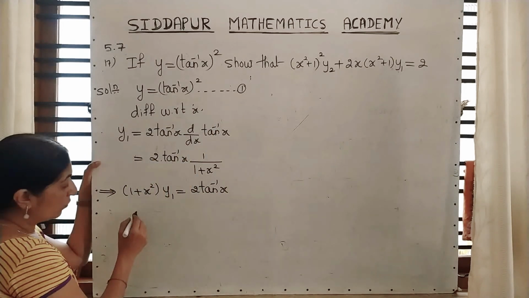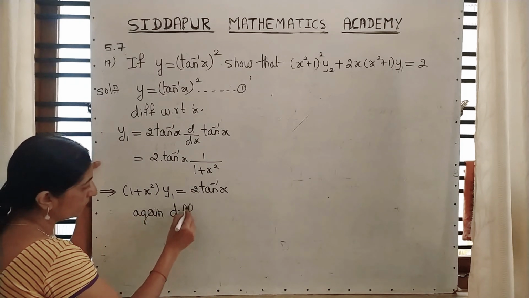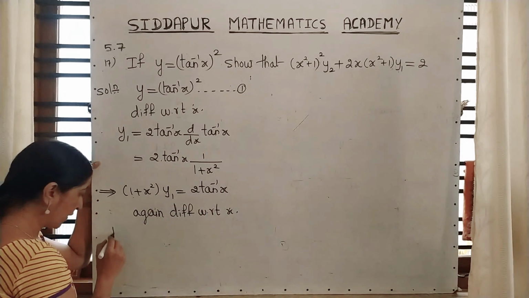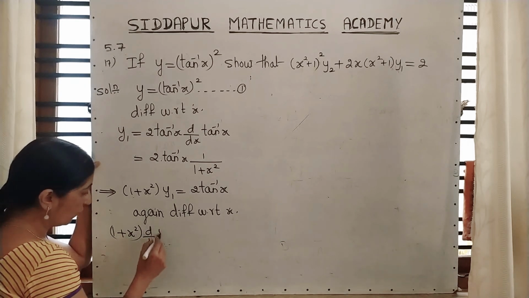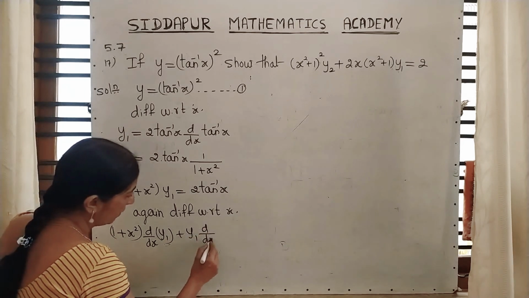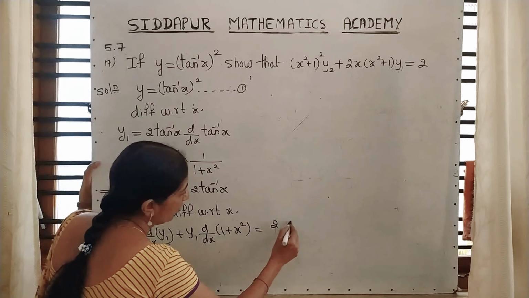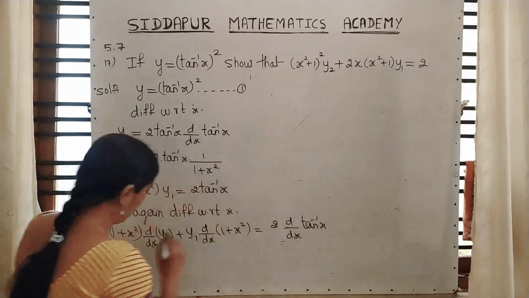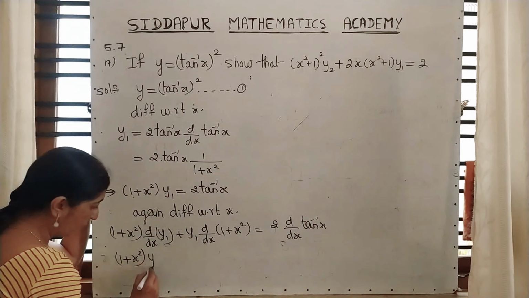And we require y2, that's why again differentiating with respect to x. This is u into v. 1 plus x square into differentiation of y1, plus y1 as it is into differentiation of 1 plus x square, is equal to 2 into differentiation of tan inverse x. 1 plus x square as it is, differentiation of y1 is y2.